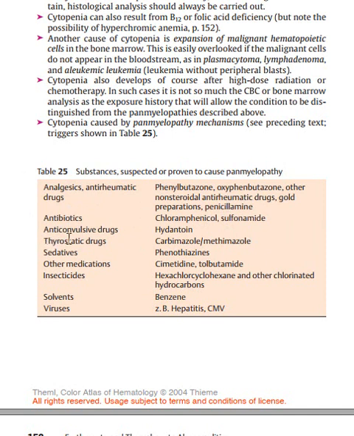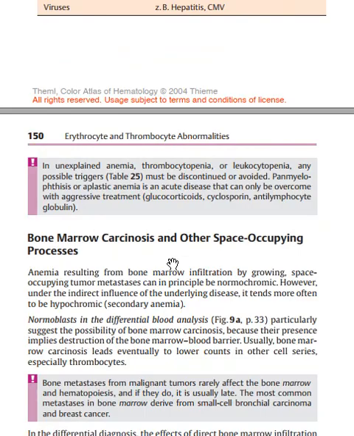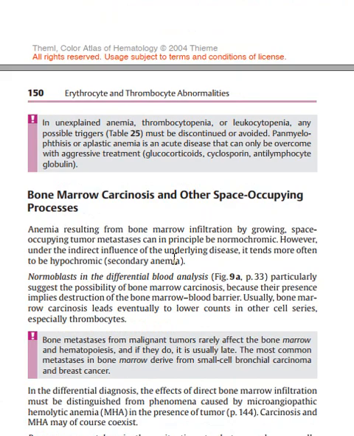We have anticonvulsants, hydantoin. All these are drugs which are involved here. We have also sedative drugs, phenothiazine. We have insecticides. We have solvents. We have viruses. All these can cause a panmyelopathy, a pancytopenia.